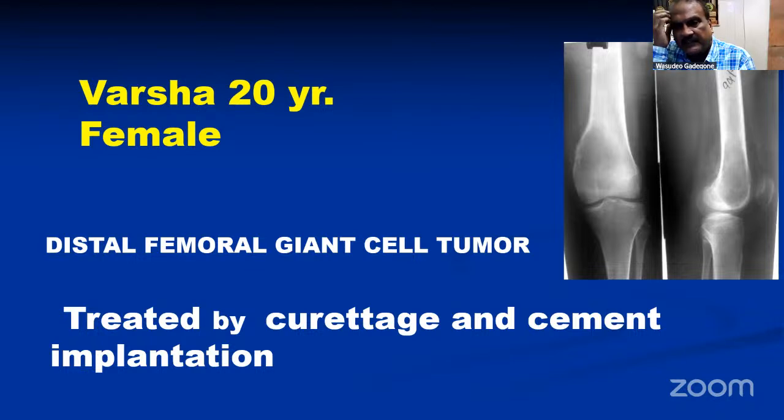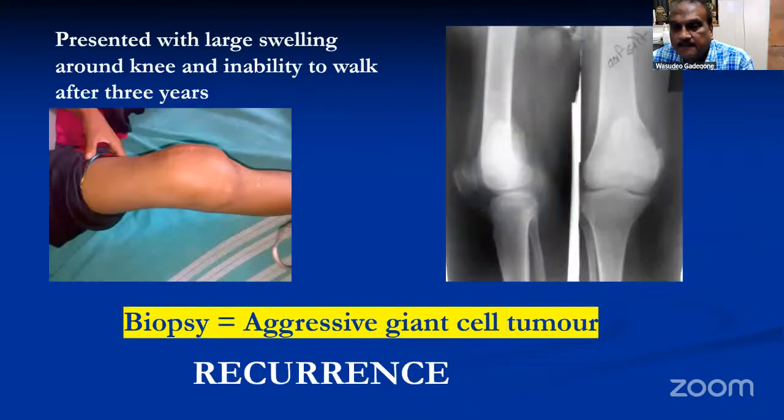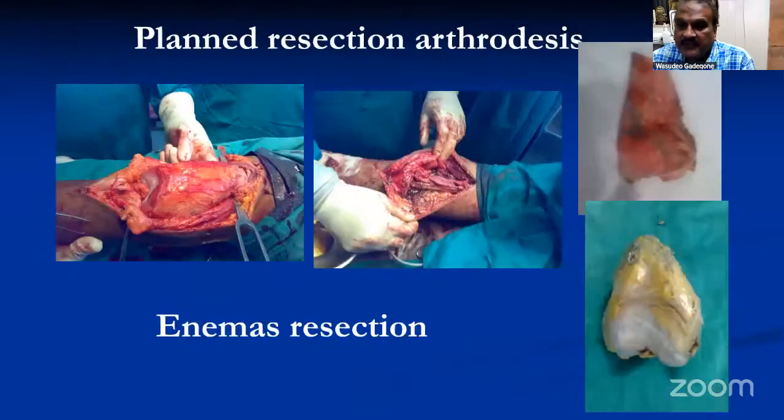A 20-year-old female with distal femoral giant cell tumor, treated by curettage and cement implantation, presented with a large swelling around the knee and inability to walk after 3 years. Biopsy showed aggressive giant cell tumor recurrence, and therefore excision of the lesion was planned.